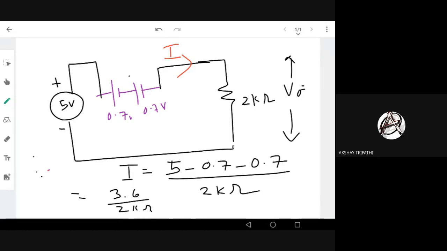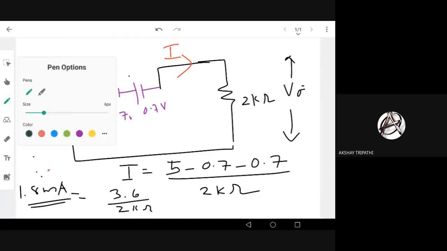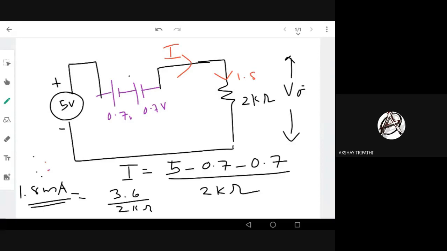That is 1.8 milliampere, the current flowing across this. So what will be the output voltage? We can either multiply this current with this resistance, or another option is 5 minus 0.7 minus 0.7. That means 3.6 volt will drop across this resistance.